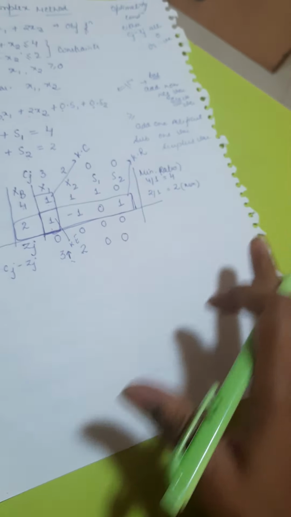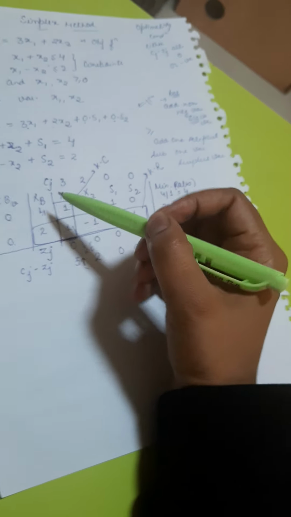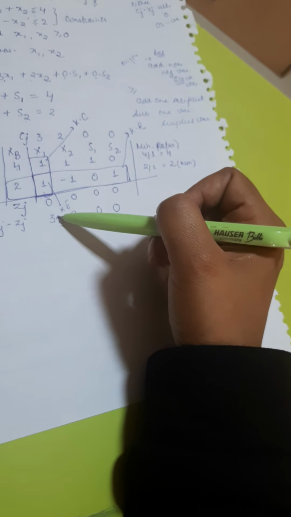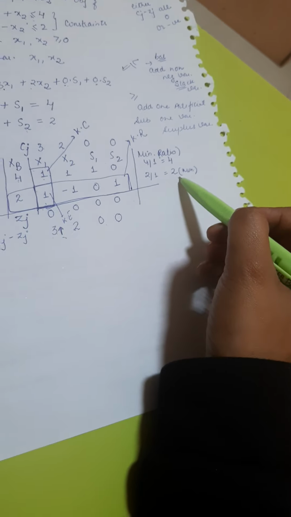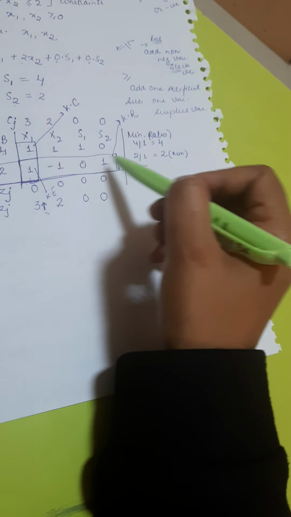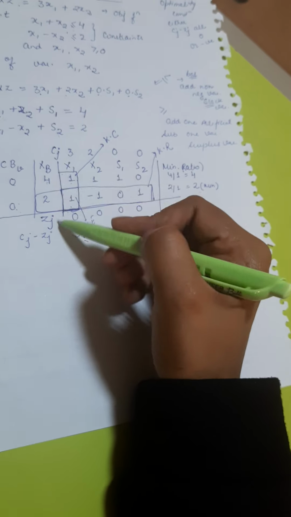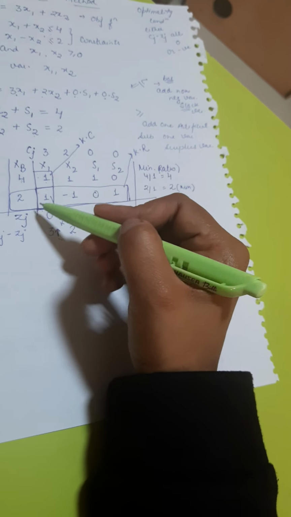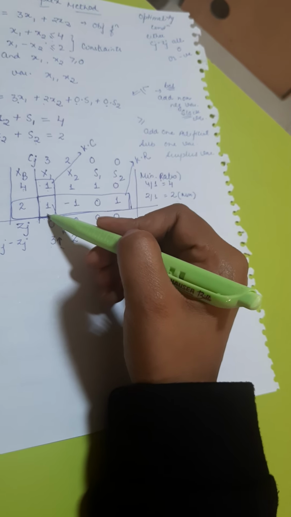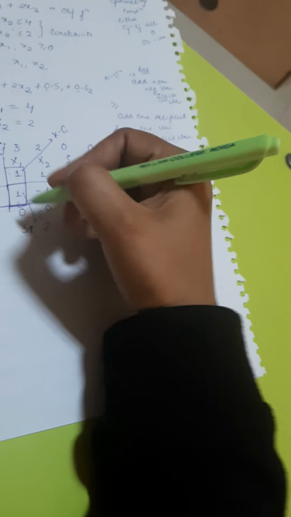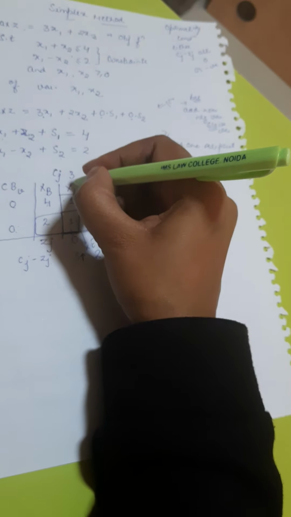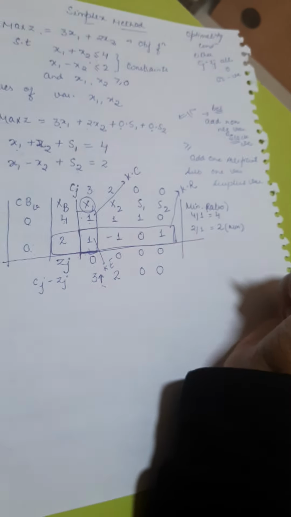Fine. So this is the first table, in which we come to know that this is the key column, the highest positive number. Towards the minimum ratio, this one is the key row, and the intersecting element between the column and the row is known as the key element. Now, since this is the key column, the variable here is x1.